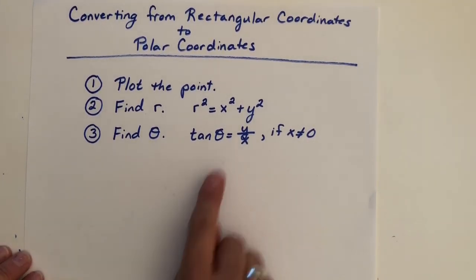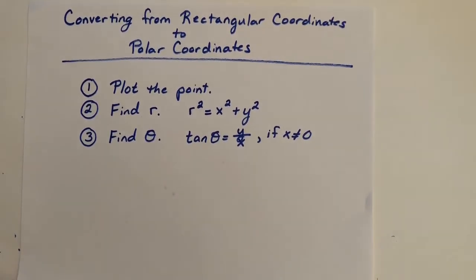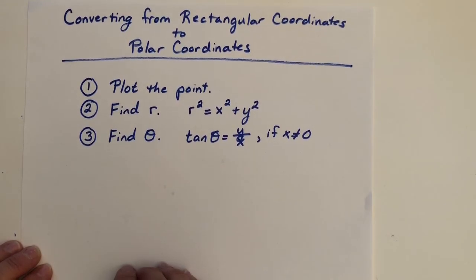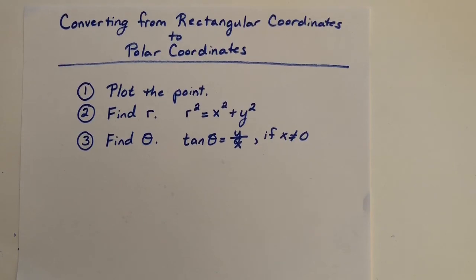Take particular care if your point is in the second or third quadrant, because you would need to add pi to your inverse tangent to find your angle.